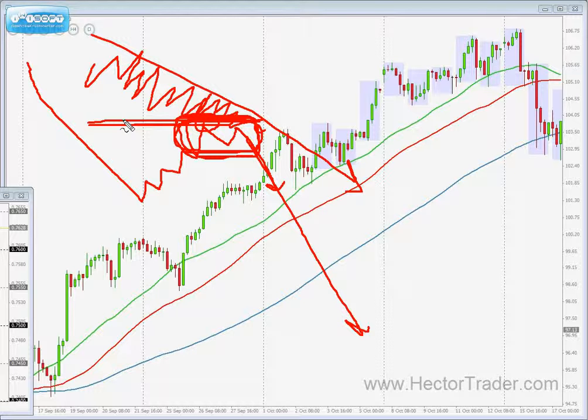Any reversal formation taking place at any other part of the chart, I will personally pay no attention to it, only if they happen at decision taking areas. Those areas are of course the dynamic area of support and resistance, always in a solid trend, as in this case as per my 3 moving average conditions, and always right off a confluence of different elements of support and resistance. Okay.